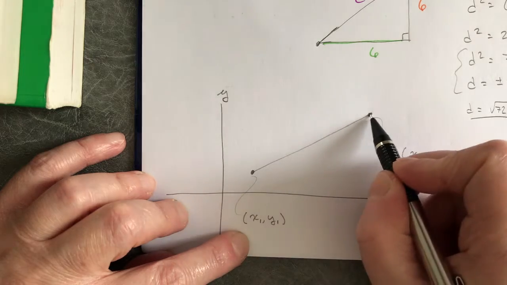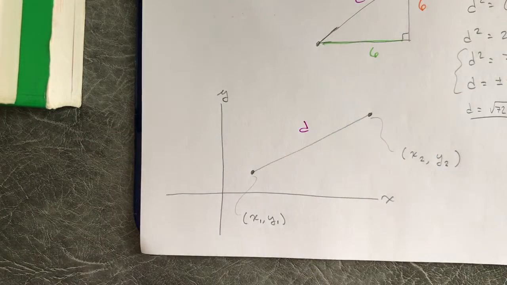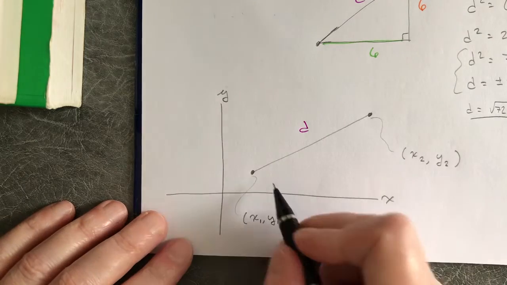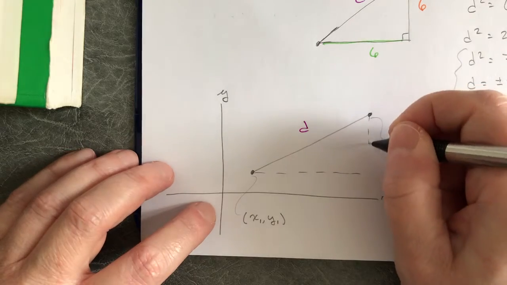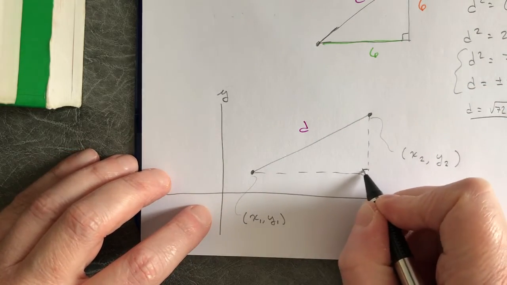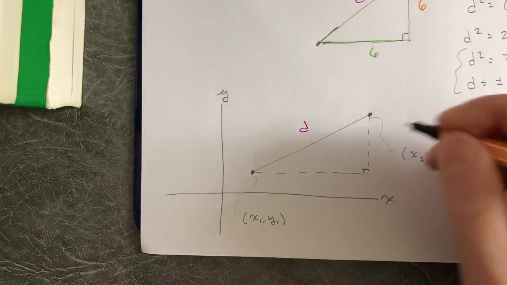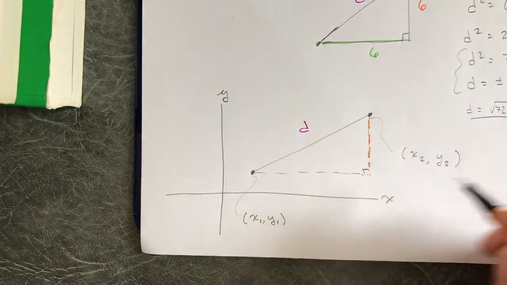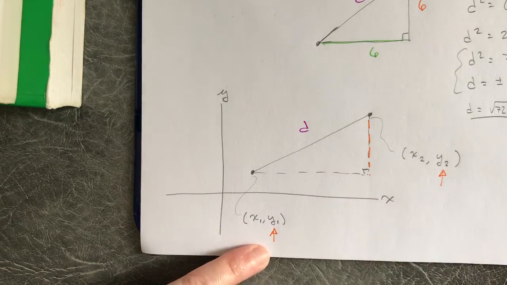So this is the distance we're interested in. I do that in purple. That's my distance I want. And we find a right triangle again. If you go across like so, here's your right triangle. And that was our vertical distance. And that vertical distance was the difference in the y values.